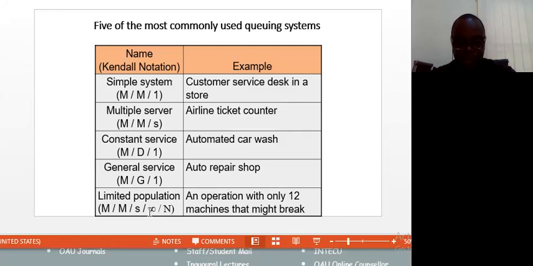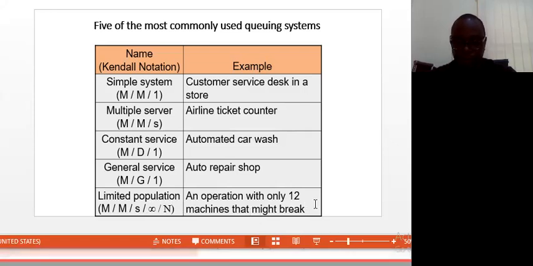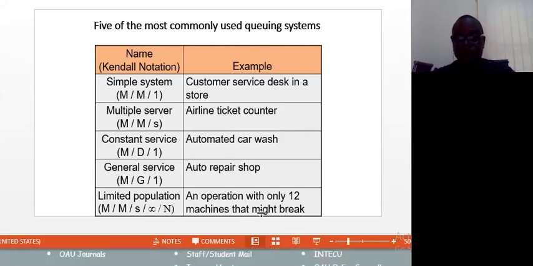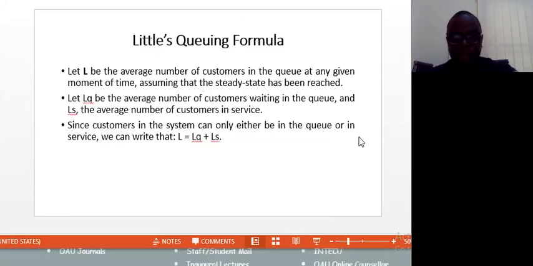However, the queuing capacity is infinite, it's unlimited. An example is an operation with only 12 machines that might break down. That is to say the population is 12. The calling population is 12.